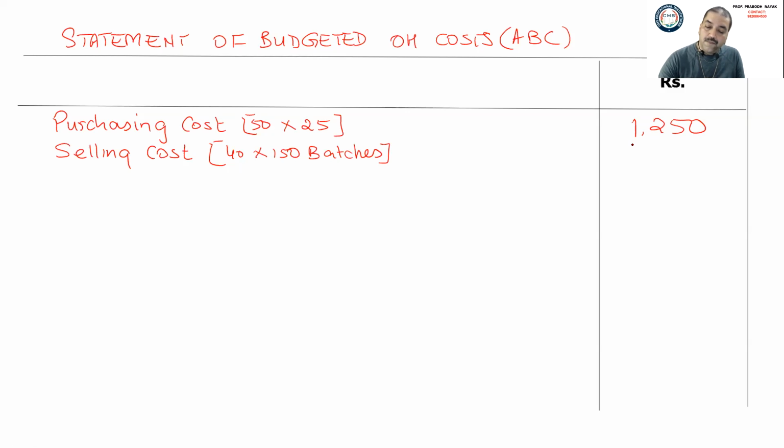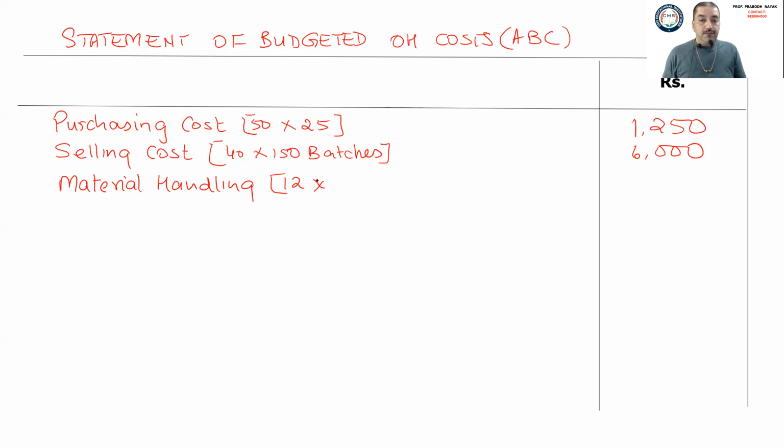6,000. Material handling. Rate is 12. Now material handling is on the basis of movement.